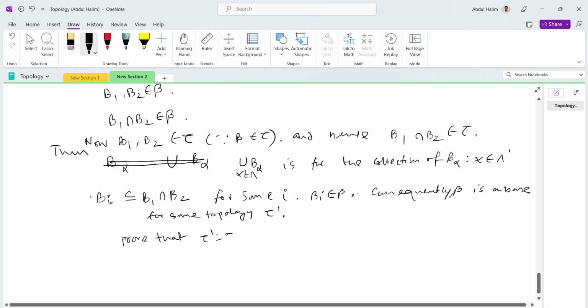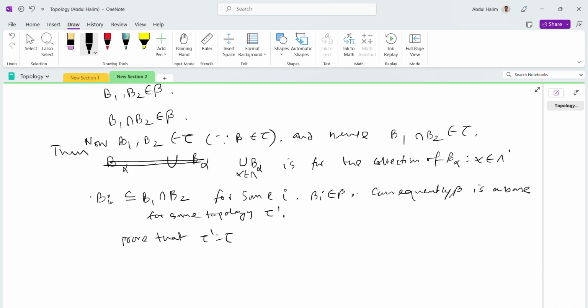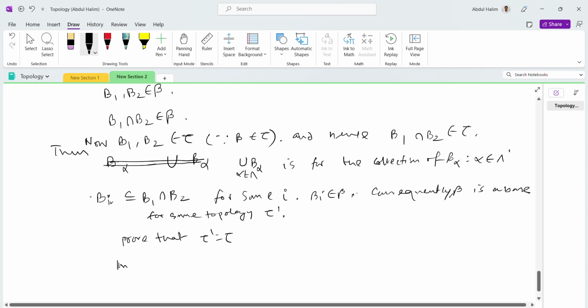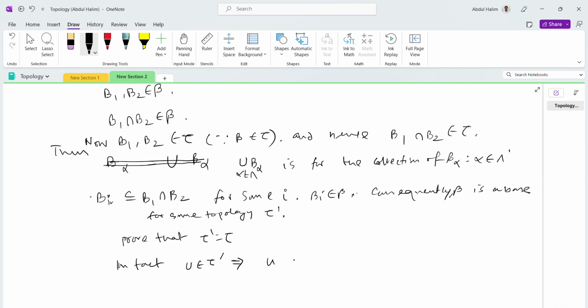Consequently, this beta is a base for some topology tau.